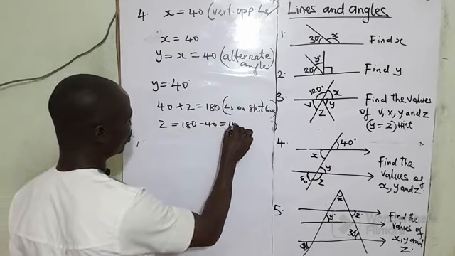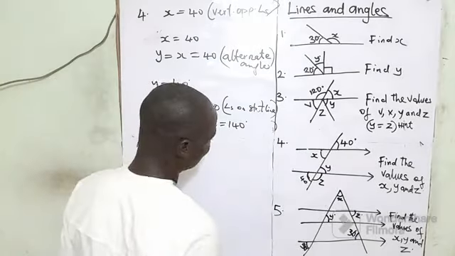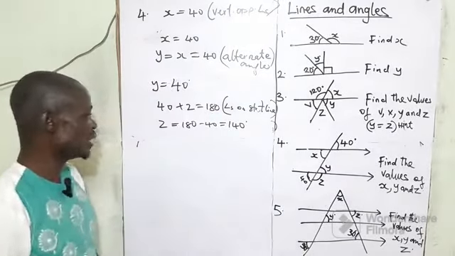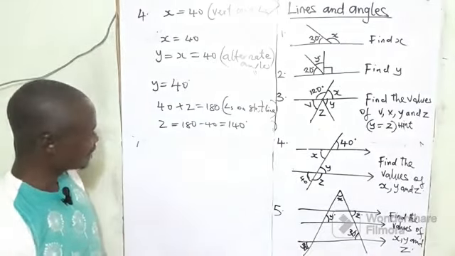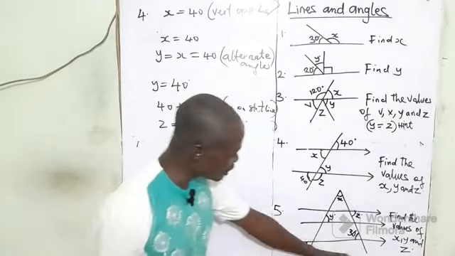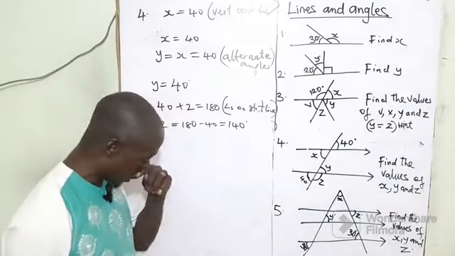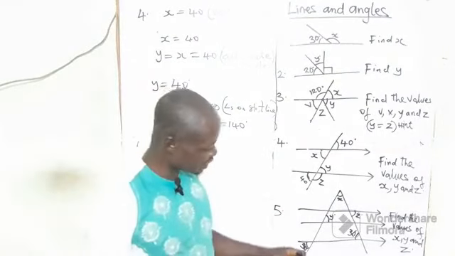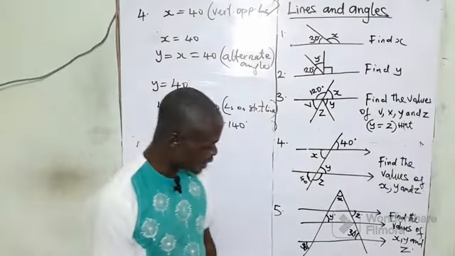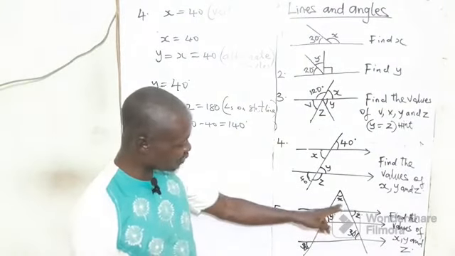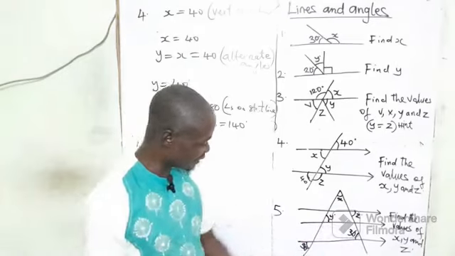The last one is a little bit complex, but by applying the rules, we'll come out with the right answer. We are looking for x, y, z. So how do we solve that? First of all, look at these vertical lines. Whenever we see vertical lines and there is a straight line cutting them, we always remember corresponding angles, alternate angles, vertically opposite angles, and so on.